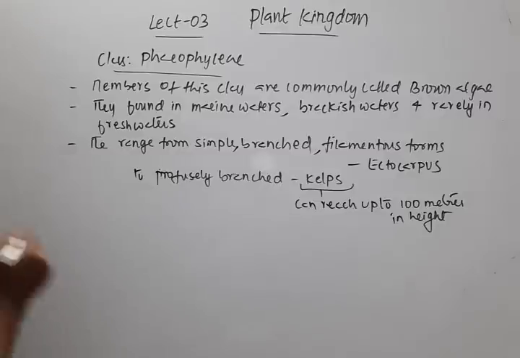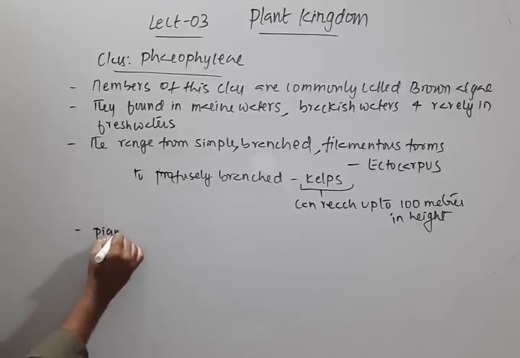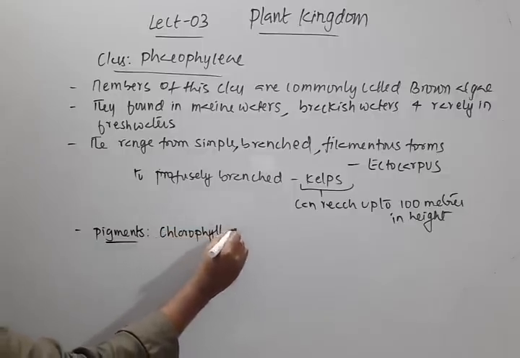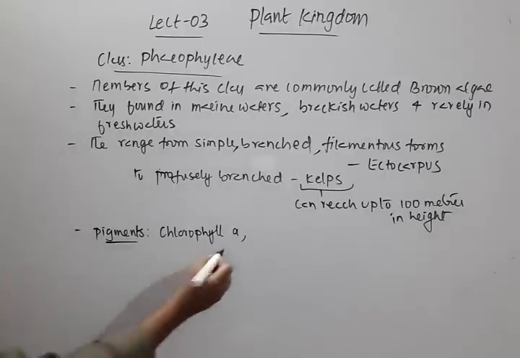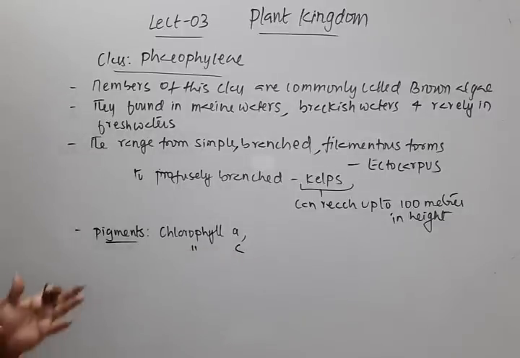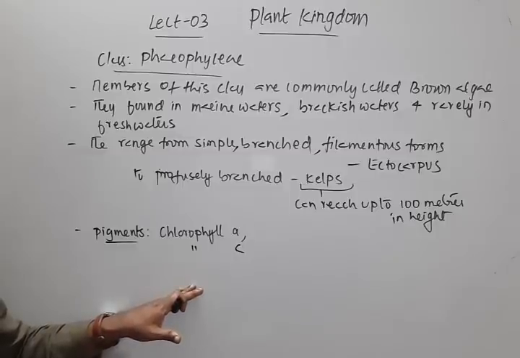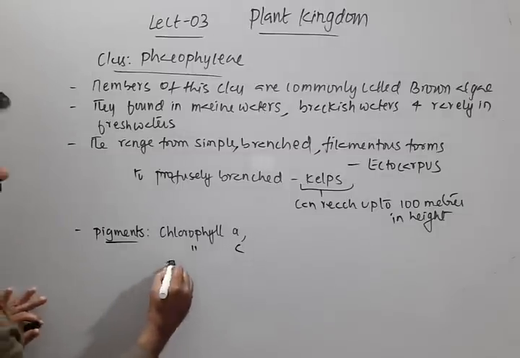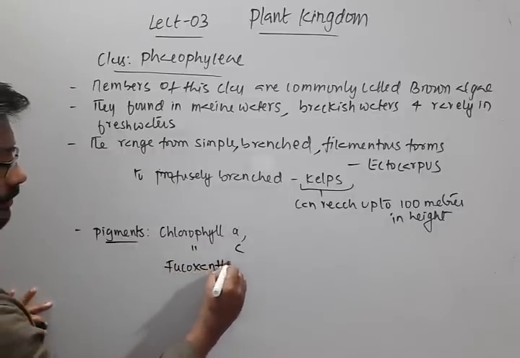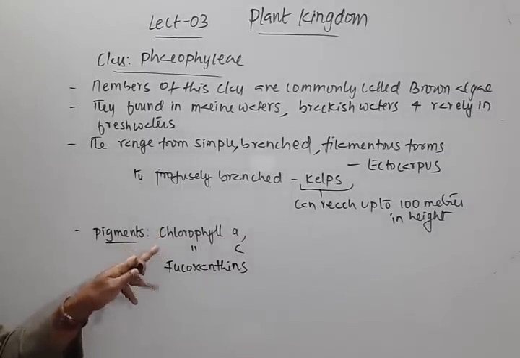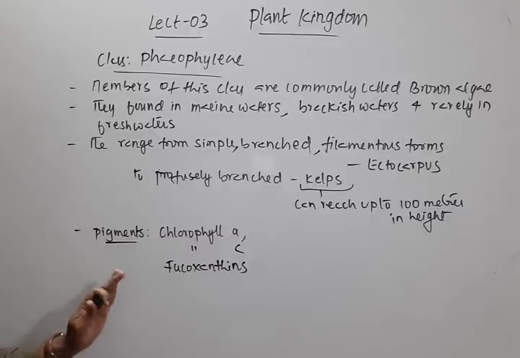Then, coming to the pigments present in this group: they have chlorophyll A and also chlorophyll C. In the earlier group we saw chlorophyll A and chlorophyll B, but in this case we will see chlorophyll A, chlorophyll C, and also fucoxanthins. These are the different pigments present in this group.